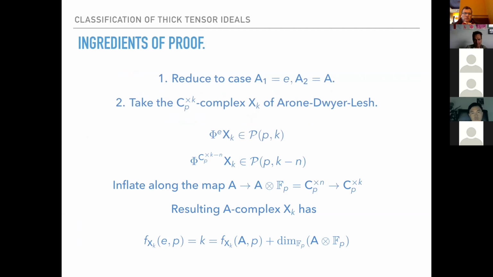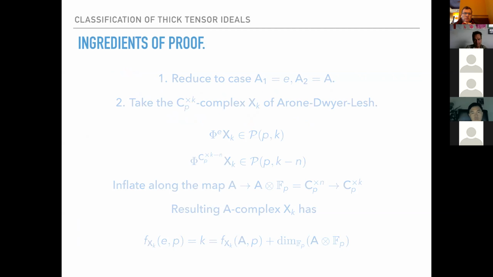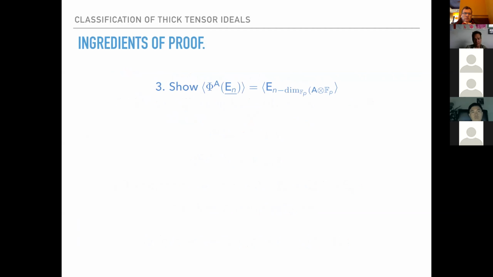For the other bound, we need another result. So if we look at these Borel equivariant cohomologies, Lubin-Tate theories, and then we look at their geometric fixed points, these have the same Bousfield class as E_n minus this dimension of this vector space. There's a typo, I'm missing a parenthesis.